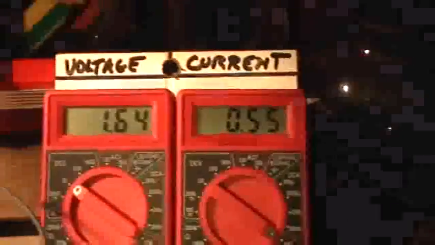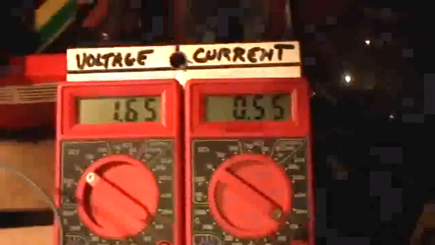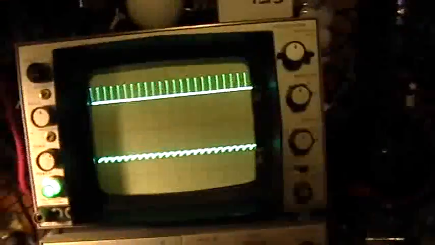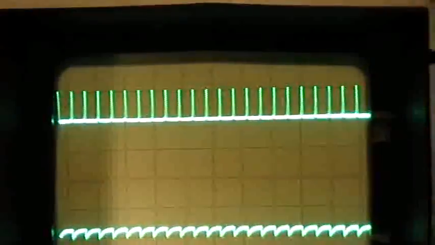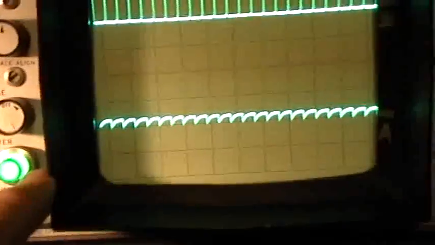Okay, so anyway, right now this is what the inline meters are showing: 1.64 volts and a little bit over half an amp, and got the LED glowing, and this is what the waveform looks like. We're at 50 microseconds per division horizontally, and this is the B trace here with the baseline indicated right along that reticle line, and then this is the A trace, which is the current, the voltage drop across that resistor.